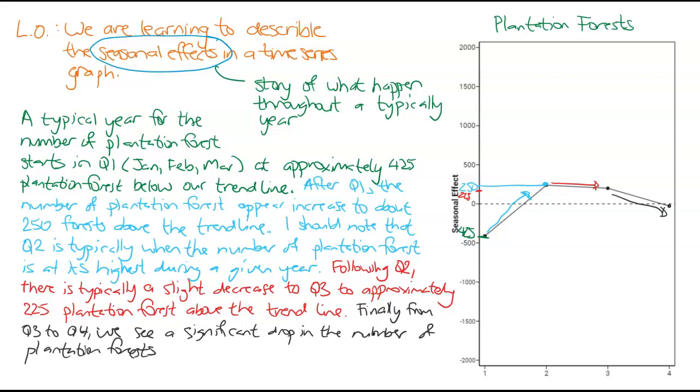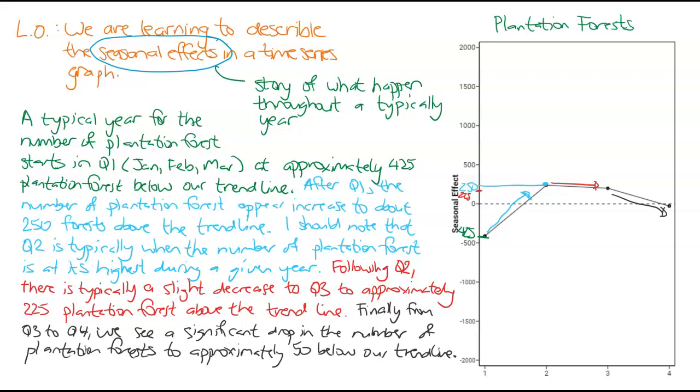Forgive my messy handwriting there. To approximately, and this is when we need to look at our graph to see what number that is roughly below the trend line. That's a tiny number. Let's call that maybe 50, but that's probably a bit too much. Approximately 50 below our trend line. So that ended our typical year.